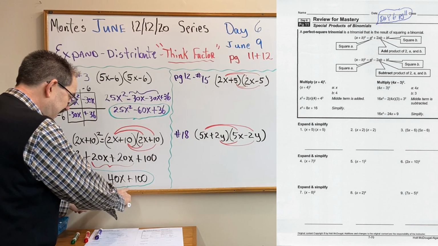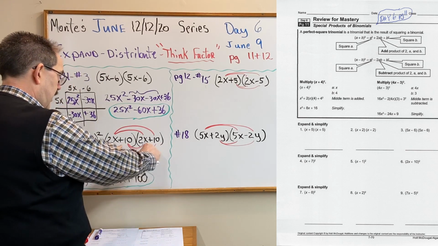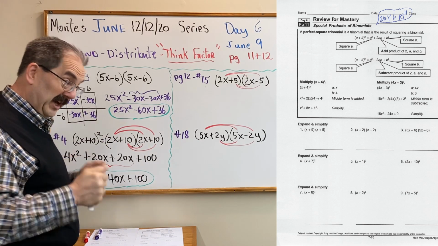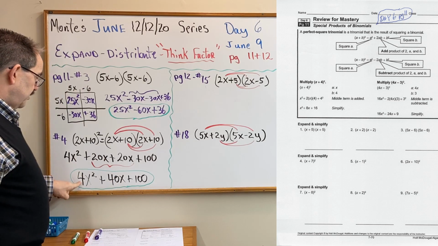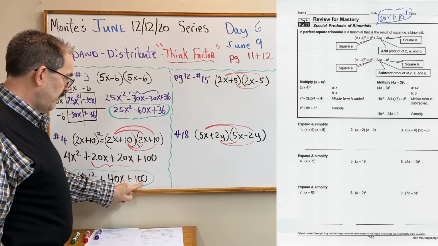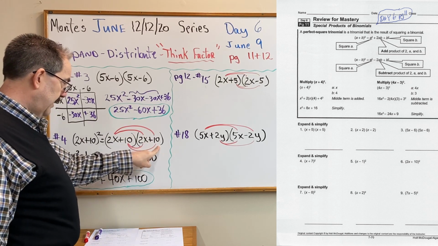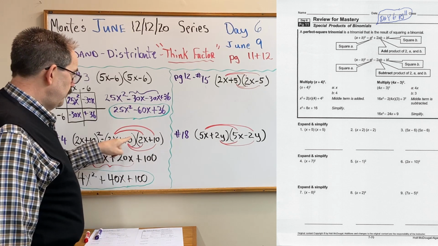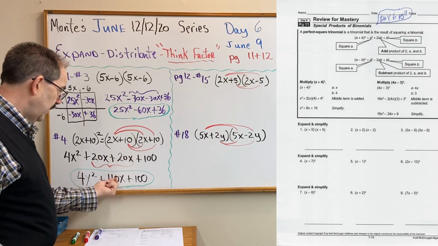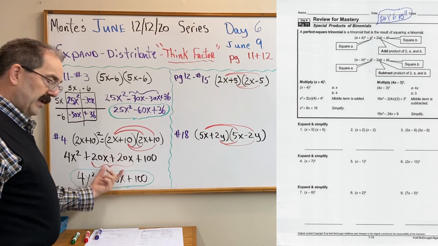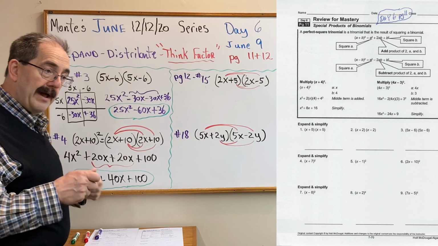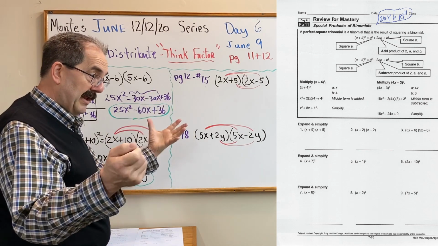We've got to be able to take this next week and create the factors, the zeros, the solutions, okay? The x-intercepts. What's the square root of 4? 2. What's the square root of 100? 10. Now, 2 times 10 is 20. 2 times 10 is 20. Adds to 40. Another way to think of it is splitting the middle term, okay? Recognize your patterns while you're doing the expanding, okay?